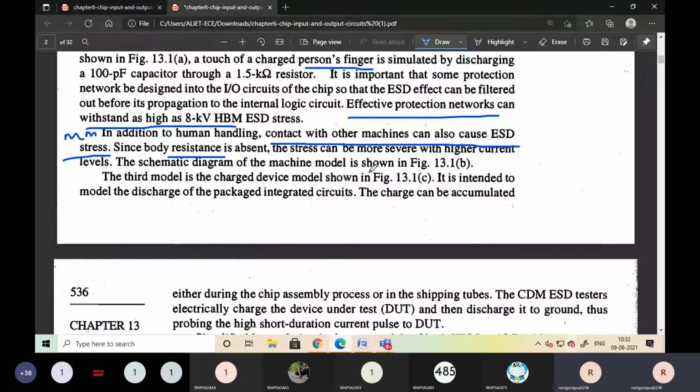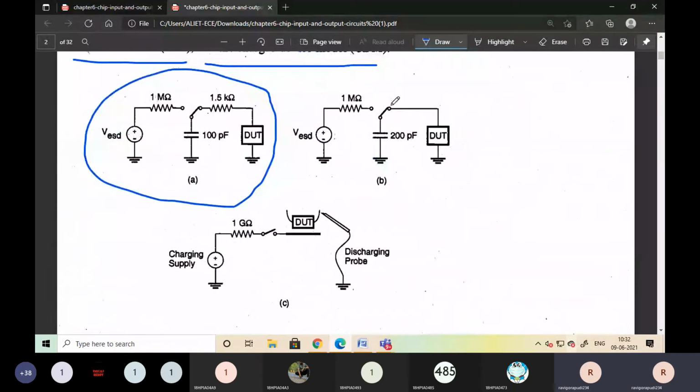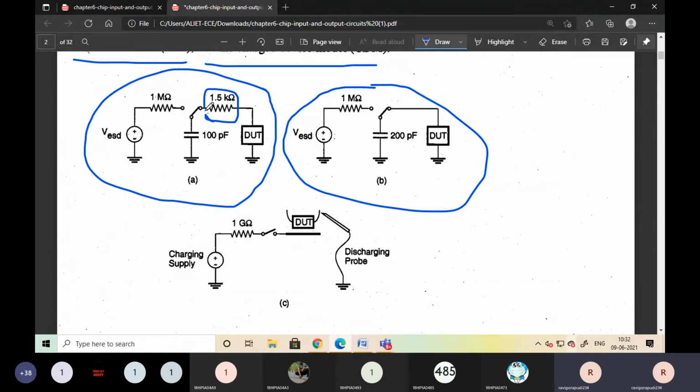The schematic diagram of the machine model is shown in figure B. Due to the human body we have 1.5 kilo ohms, but here there is no resistance. Without resistance also we get some ESD stress, which can be avoided by using a 200 picofarad capacitor.